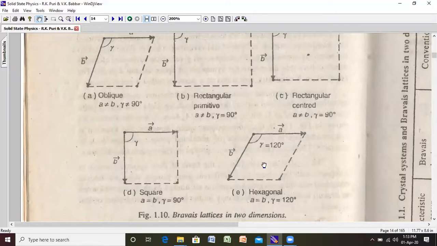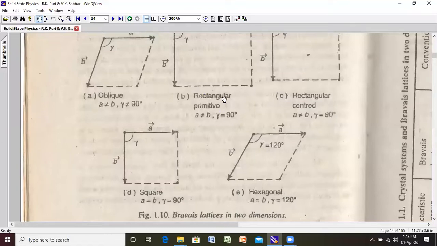So this is a brief description of the Bravais lattice types in 2 dimension. There are actually 4 types of crystal systems. One is oblique, one is rectangular, one is square, one is hexagonal. 4 types of crystal types, but 5 types of Bravais lattice. Why 5?